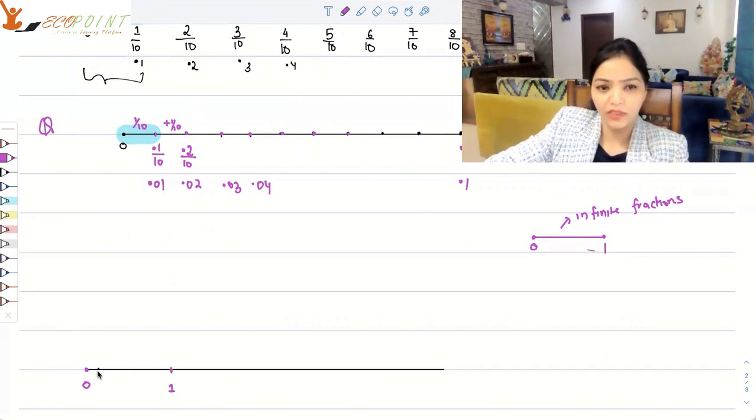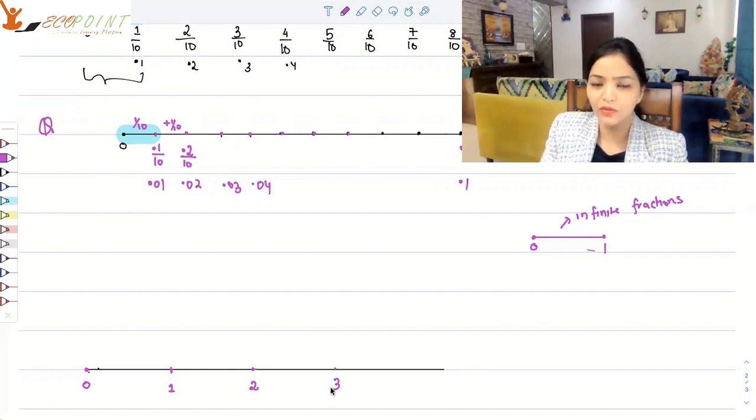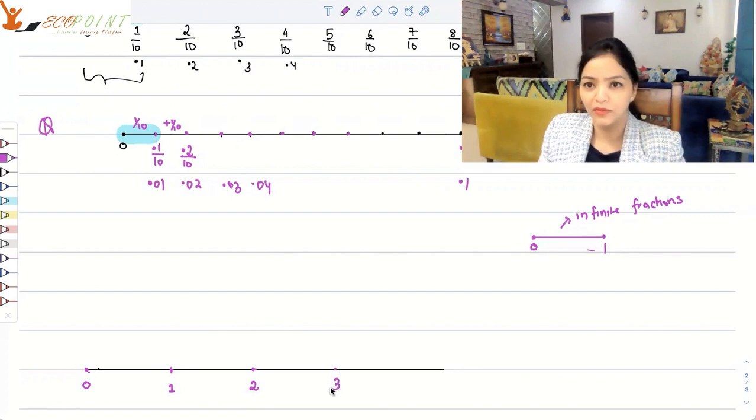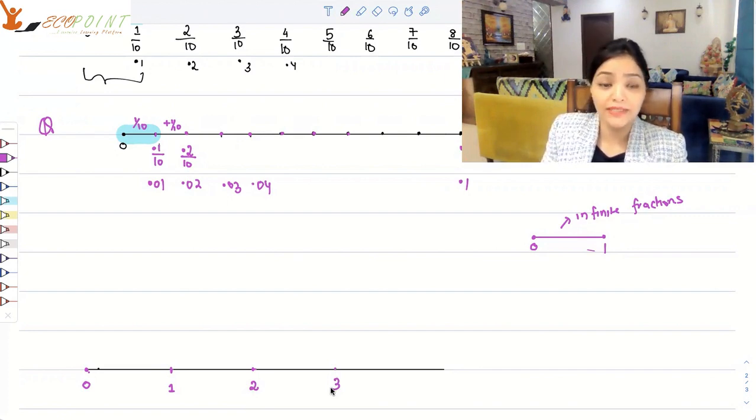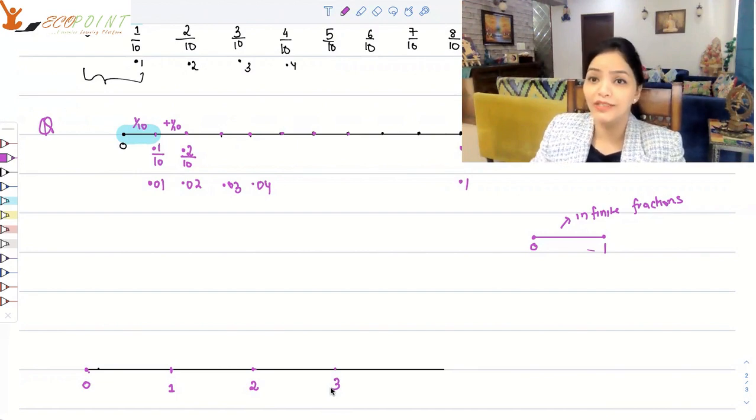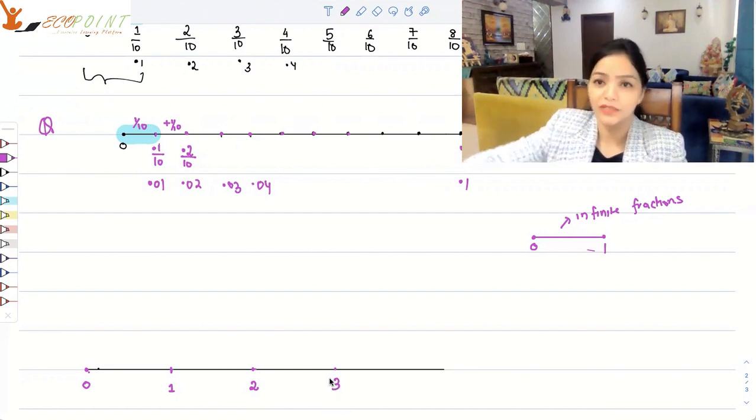I'm going to keep equidistant from here till here. It's 2 out here, and equidistant would be 3. So it depends on you what kind of a line you want to prepare for yourself. You want bigger distances, you want smaller distances. The distance should be equal, to understand the number line properly.